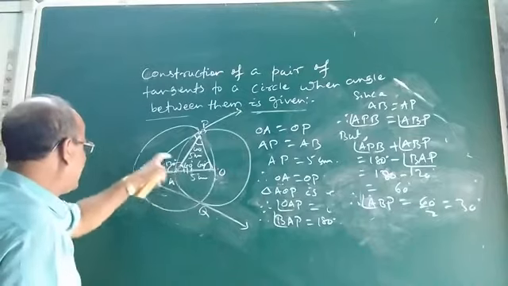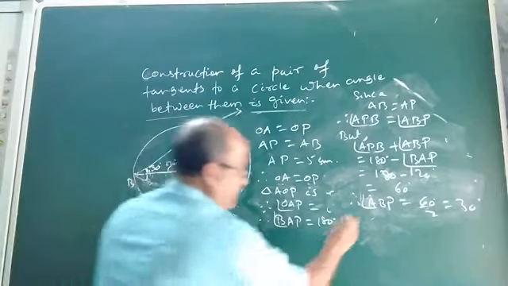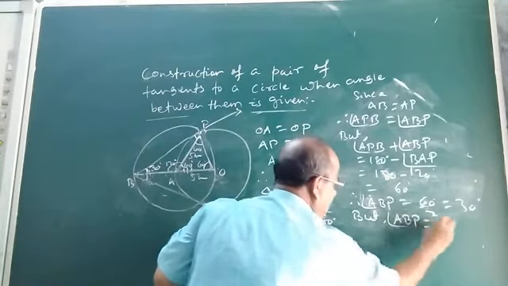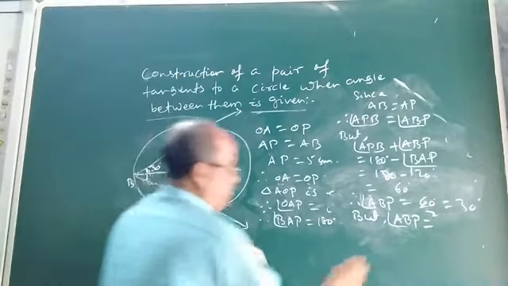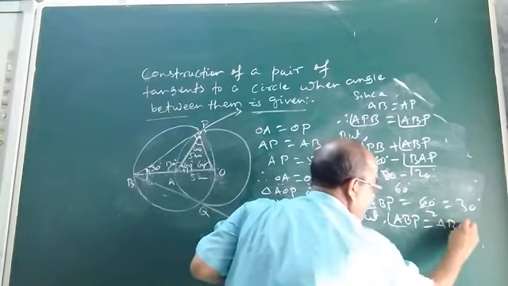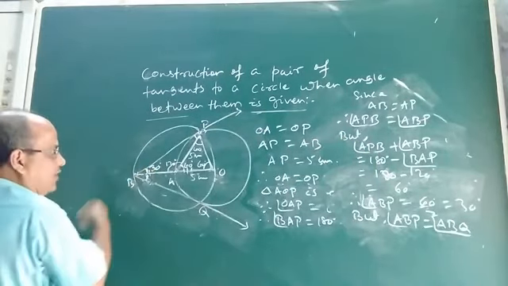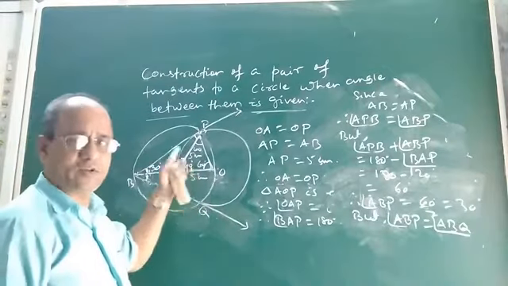But we know that angle ABP will be equal to angle ABQ. These two angles will be equal by taking congruency, which is already taught.